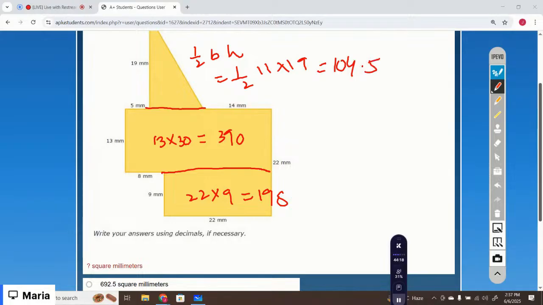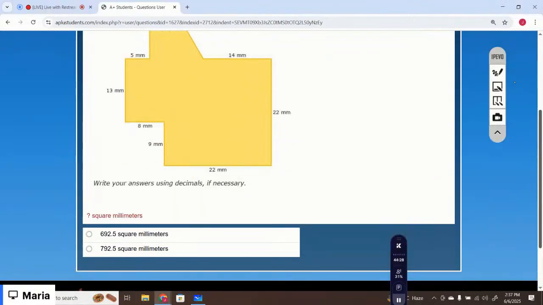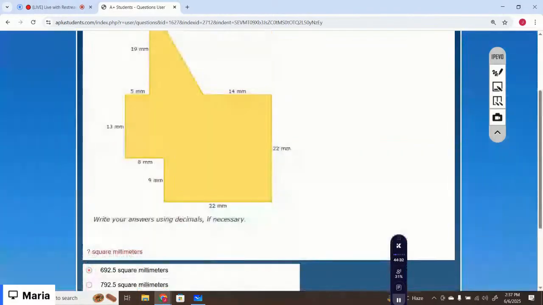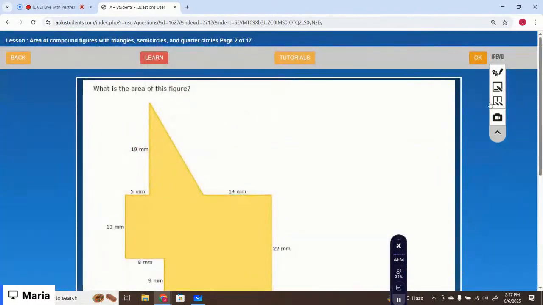Just add all the areas. 390 plus 198 plus 104.5. That is 692.5. Option number one is the correct option. That is 692.5.